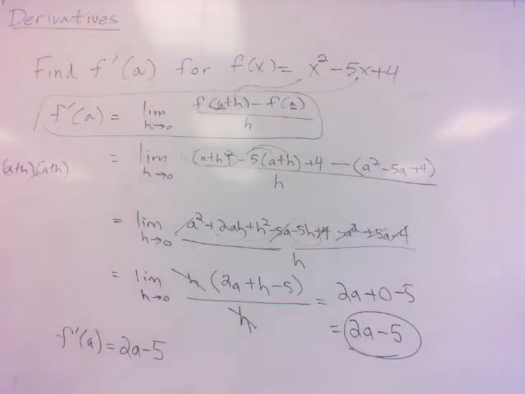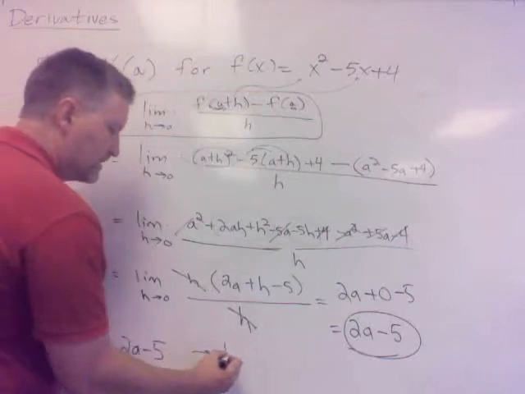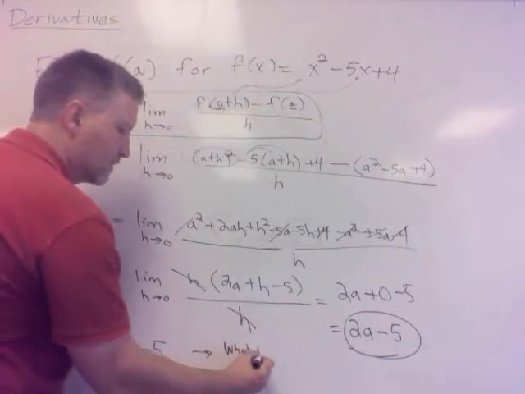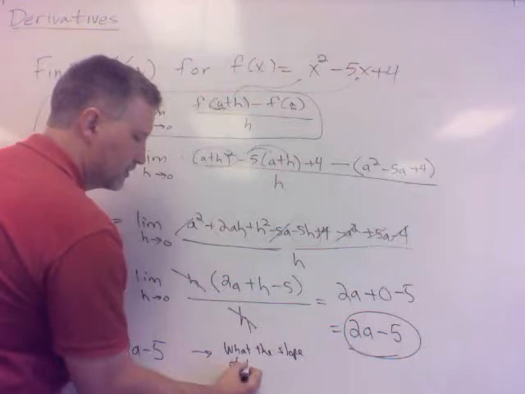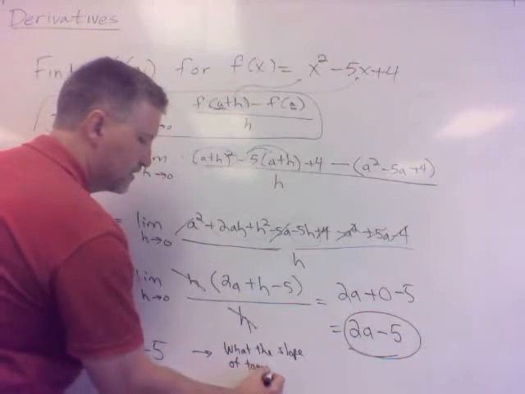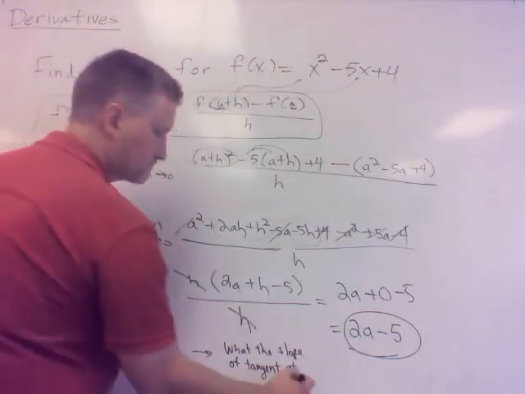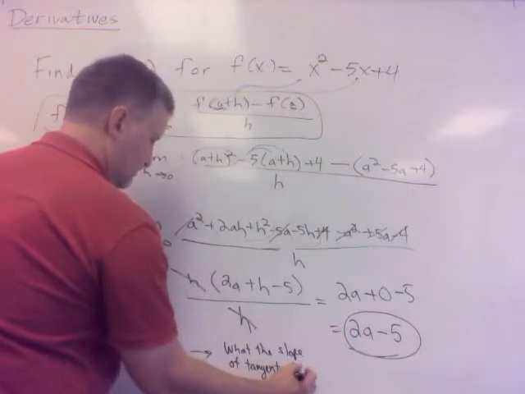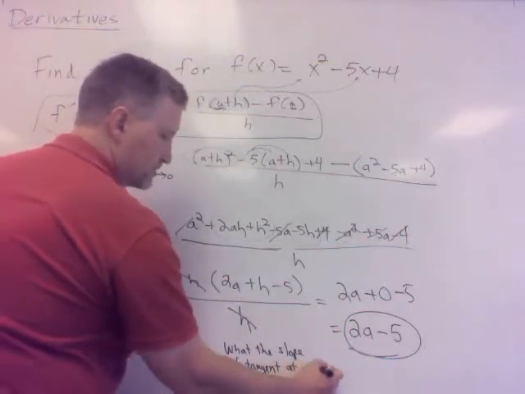Okay, what if I was wanting to find then, let's tack on here this problem. All right, what is the slope of the tangent at A equals 2?